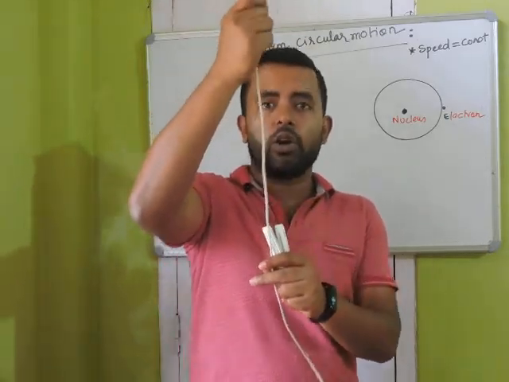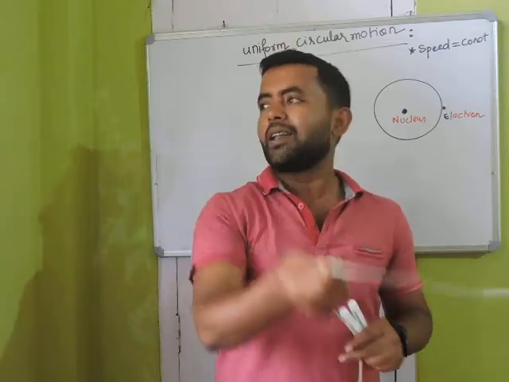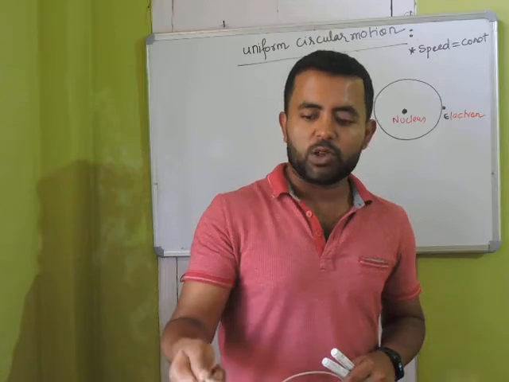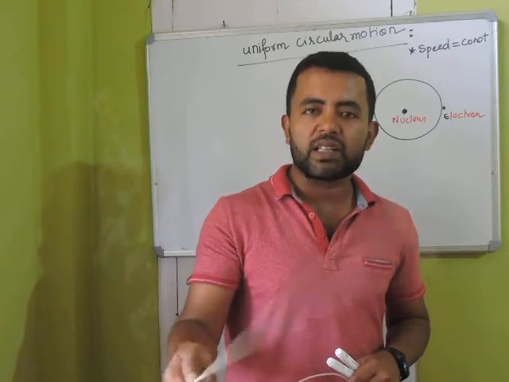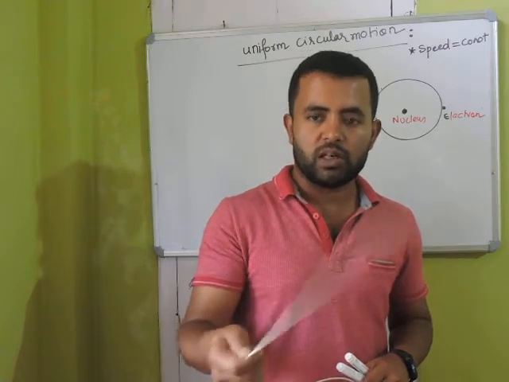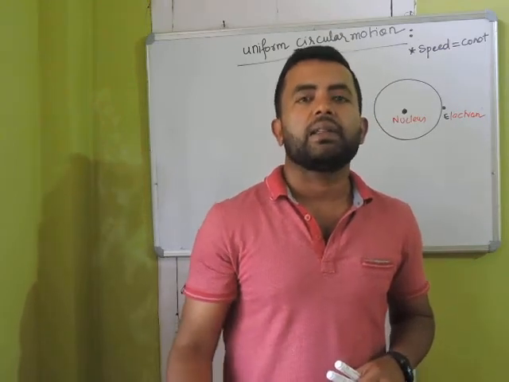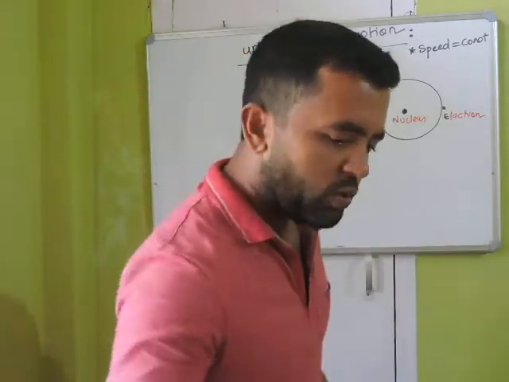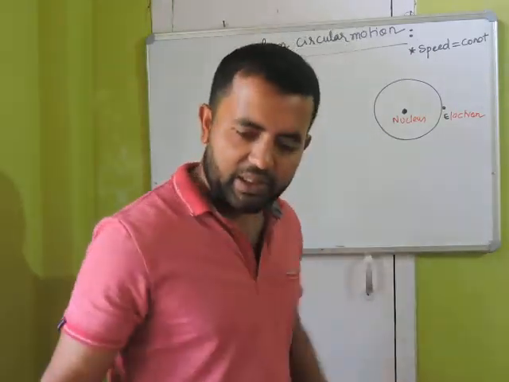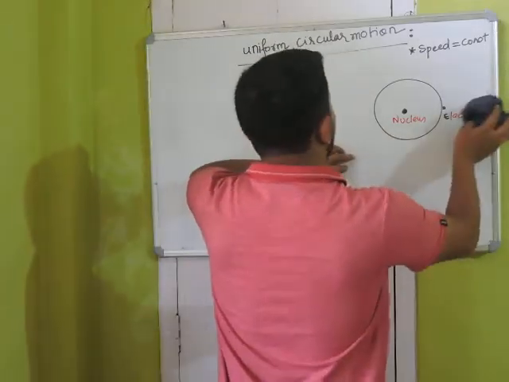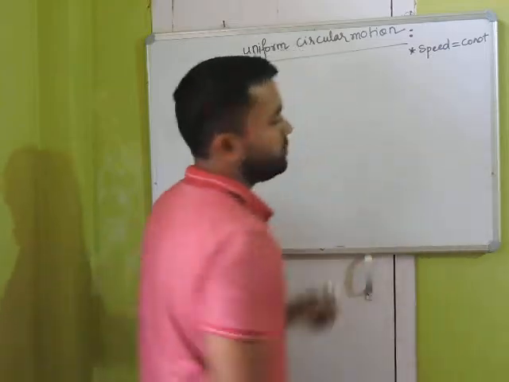Sorry, the one I showed you first is called horizontal circular motion, and this one is called vertical circular motion. If I do it at constant speed, this is an example of a vertical circle, and this is a horizontal circle. So we have plenty of examples from daily life where we encounter uniform circular motion.